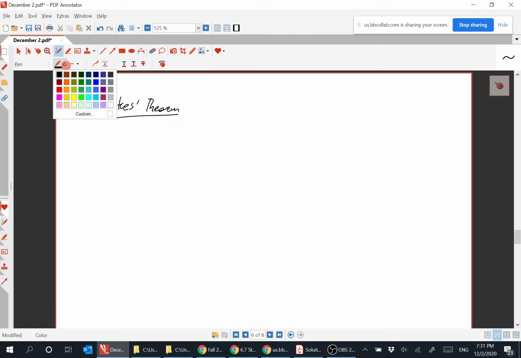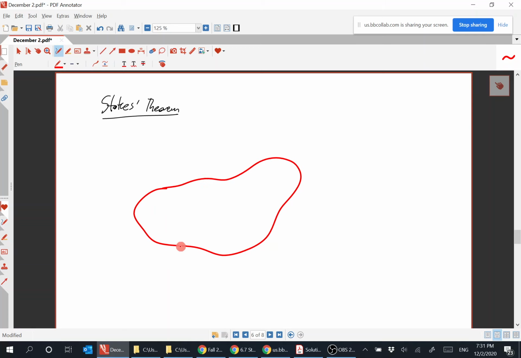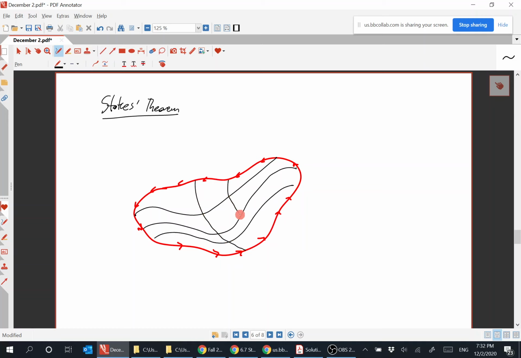So Stokes' theorem: you have this simple closed curve C, with that curve as the boundary for some surface S, and S is oriented from side 1 to side 2 in a way that's consistent with the right-hand rule.